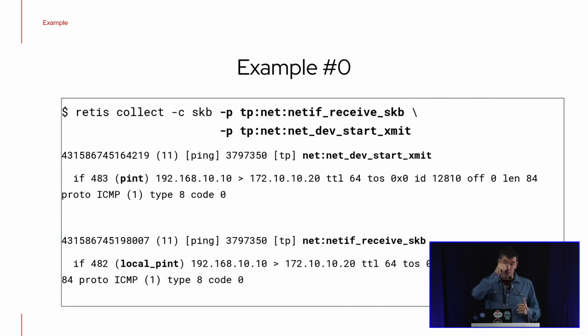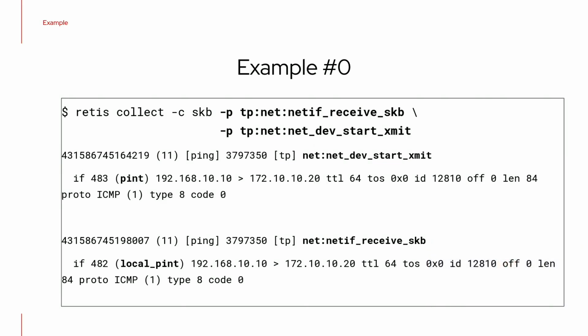Actually, let's start with showing an example. Let's imagine that there is an ICMP flow flowing in our system, and we want to know more about it. Maybe we want to troubleshoot it. Maybe there's something going wrong. We could run Retis with these arguments, which, as we will see later on, installs some probes in these well-known tracepoints in the kernel, in the Netdev layer.